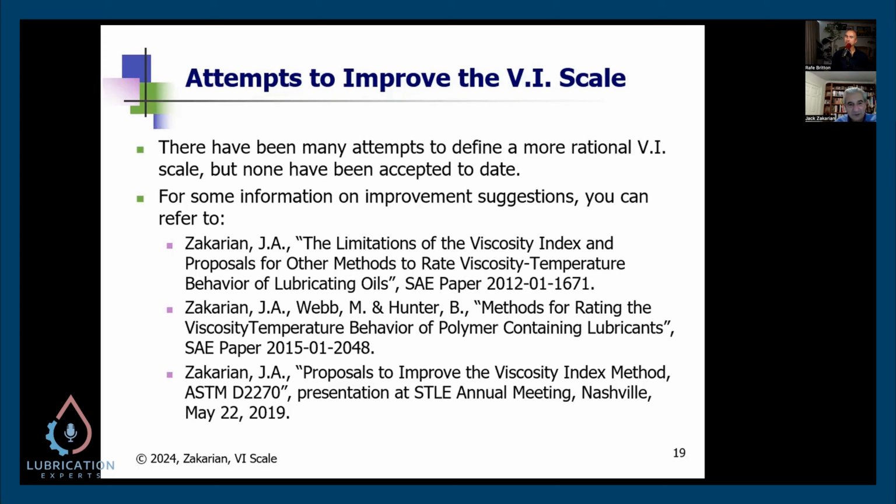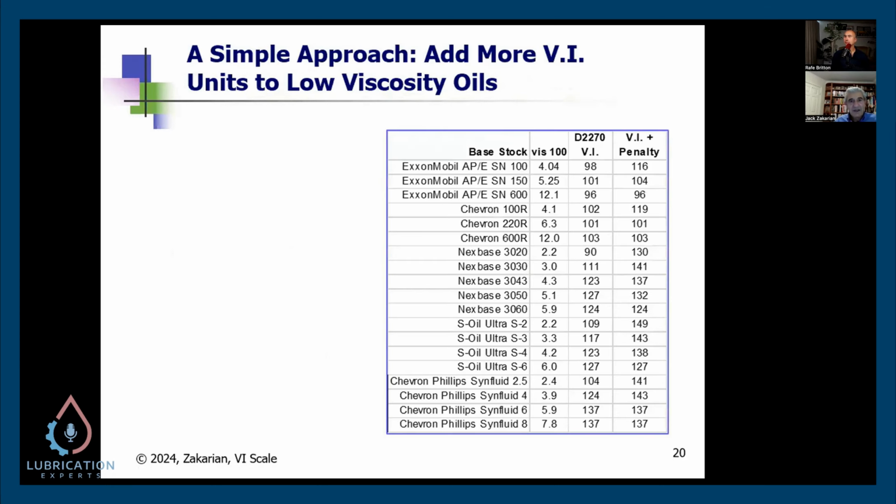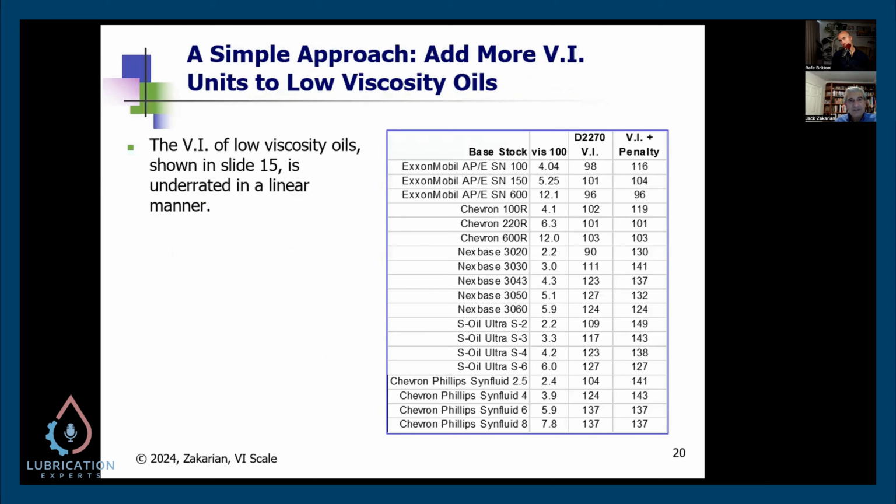And so one thing that could be done, and this is the very simple approach, if you remember the slide from Fensky and his high VI oils, when you got below 6 centistokes, you had kind of a linear drop off on the VI rating.